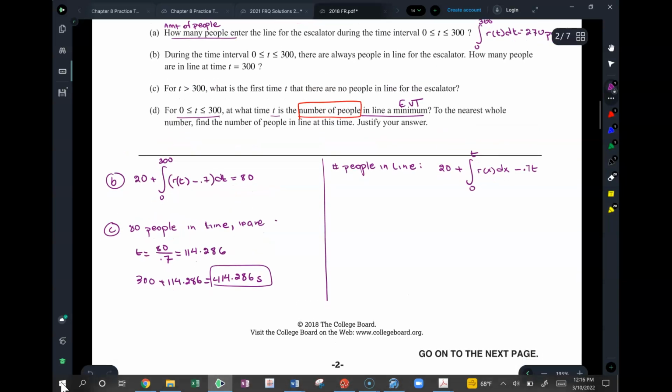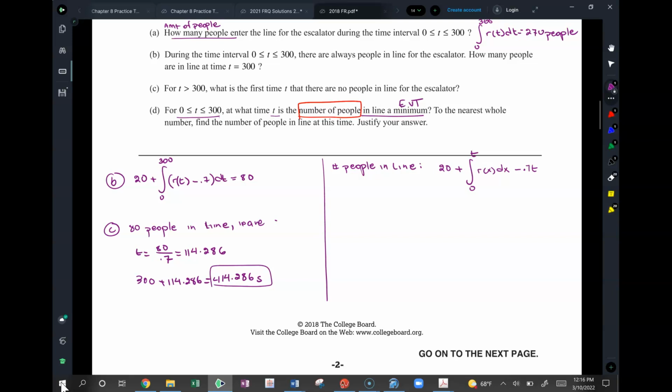So the number of people in line is, you had 20 people before, here is how many people came in, minus 0.7 of however many seconds have passed. So 20 plus the number of people coming in, minus the number of people leaving.